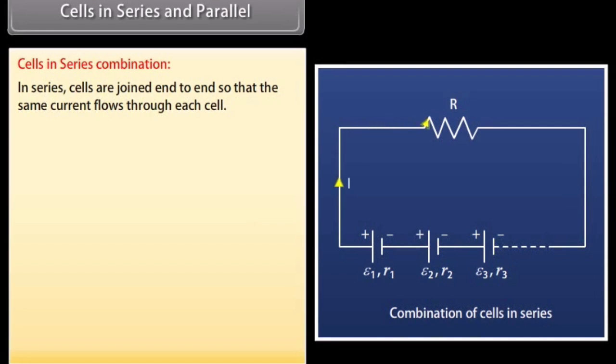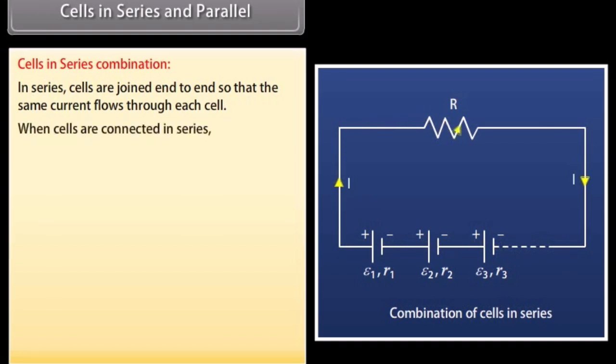Cells in series and parallel. Cells in series combination. In series, cells are joined end-to-end so that the same current flows through each cell. In ordinary series connection, the positive terminal of one cell is connected to the negative terminal of the second, the positive terminal of the second to the negative terminal of the third, and so on.